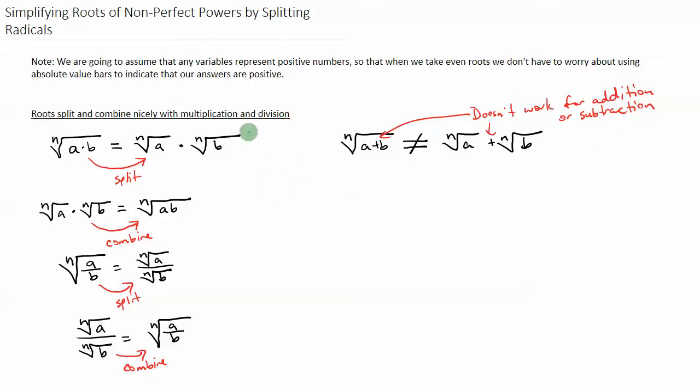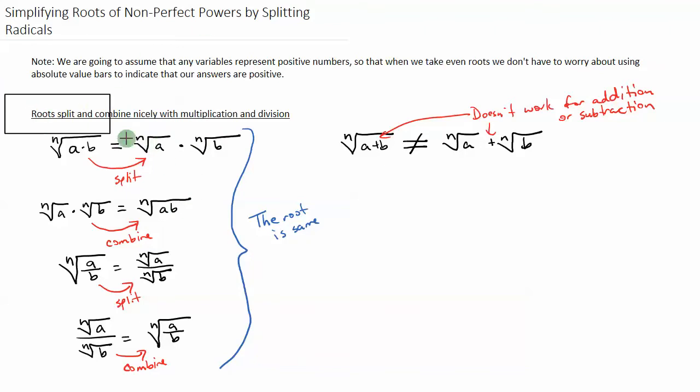Something else to notice over here when it does work with multiplication or division is the root is the same. Okay, so if this is a square root, the square root of a times b, then this would be a square root of a times the square root of b. So make sure to take note of that as well.